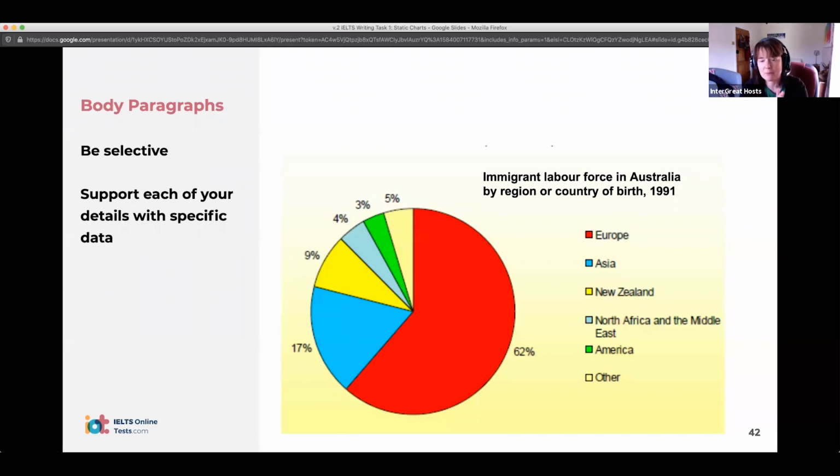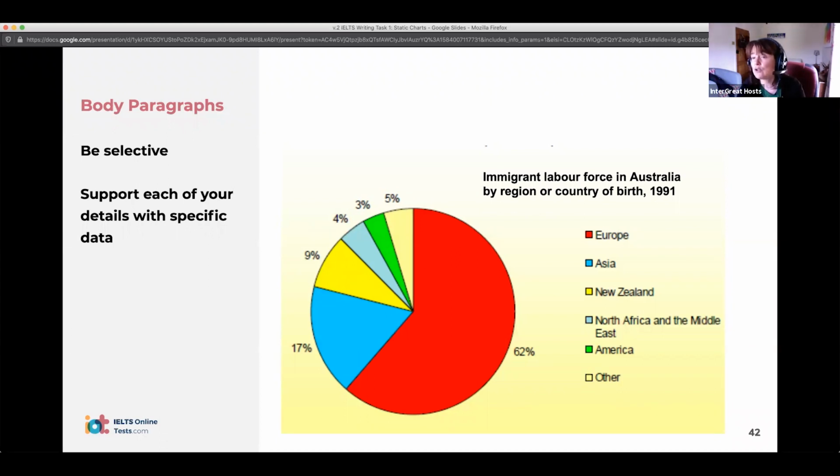If that is the case, you really have to be careful about which ones you choose. You can't write about all of the numbers. So again, you want to select things that stand out, or try to group things together, maybe look for the trends, but don't just list the numbers. That's going to get you a very low mark in task achievement, okay?